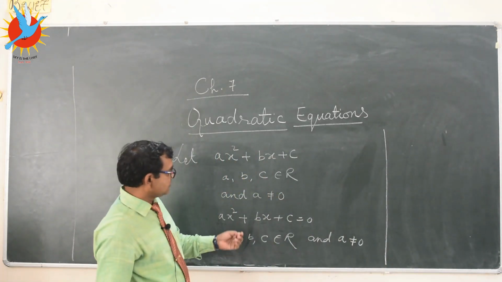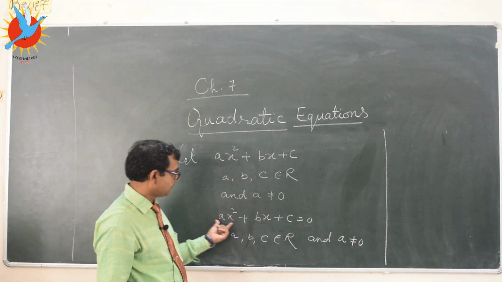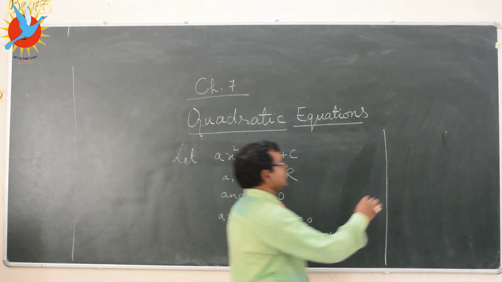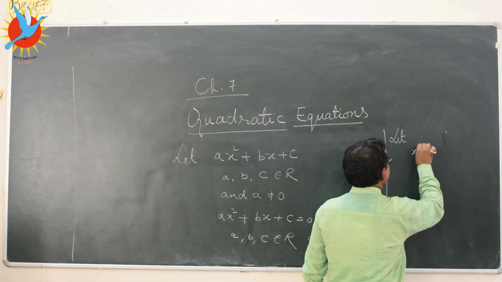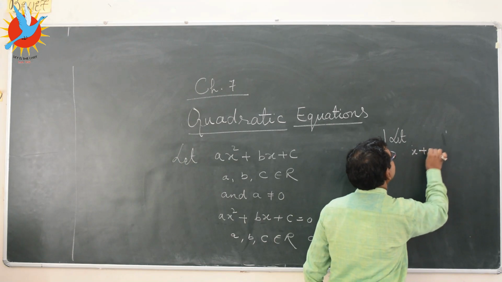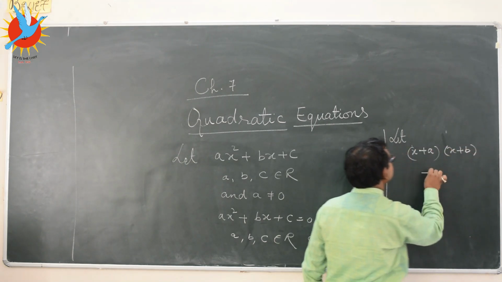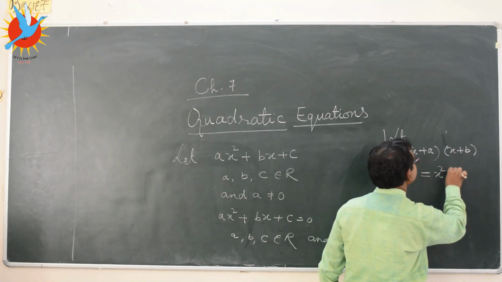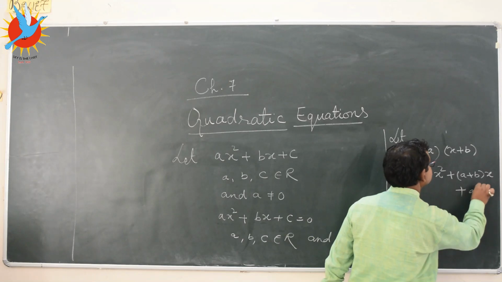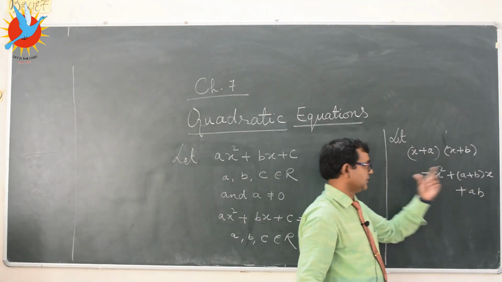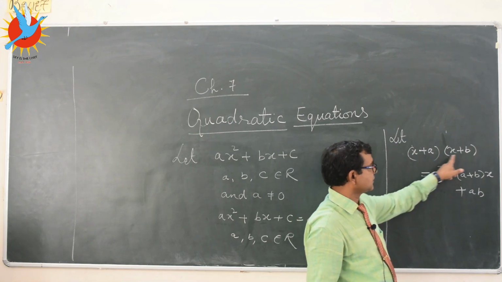In these examples we have to learn how to factorize these quadratic polynomials. Let us take a simple polynomial: x plus a into x plus b equals x square plus a plus b into x plus ab. This is a polynomial and its two linear factors are x plus a and x plus b.